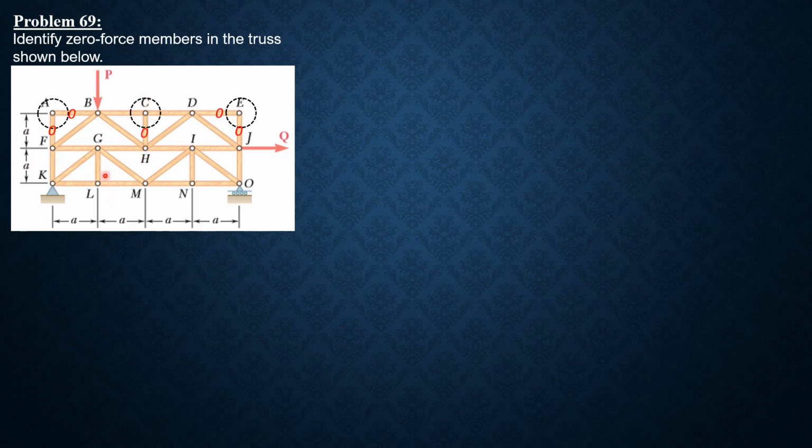At joint L, KL and LM are collinear, summation of forces in Y, automatically CL is 0. And at joint N, MN and NO are collinear, automatically IN is 0. So that's it. And we cannot find zero force members anymore.